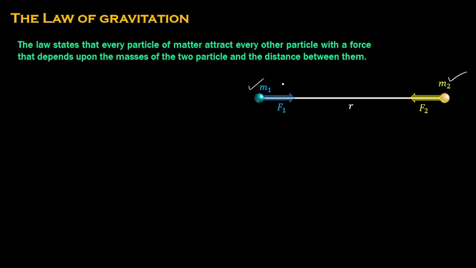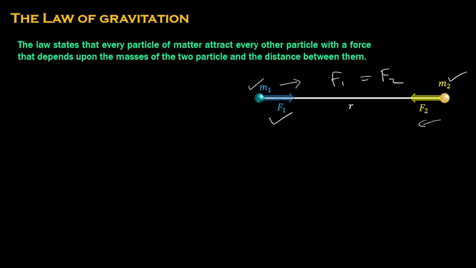So here we see that mass m1 is attracted towards mass m2 with a force F1. Similarly, mass m2 is attracted towards mass m1 with the force F2. Another important thing to note is that these forces act along the line that joins the two particles. Moreover, the two forces F1 and F2 are exactly equal.